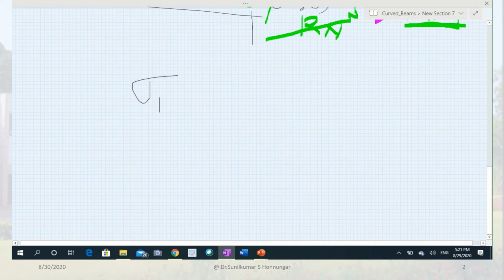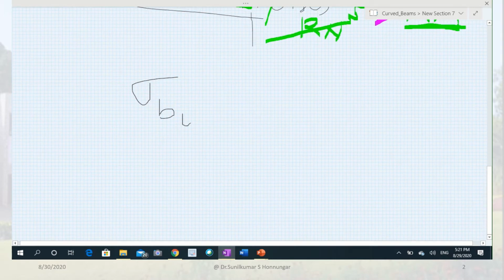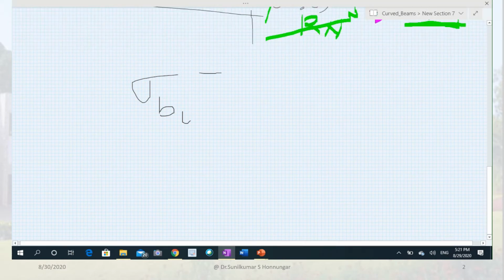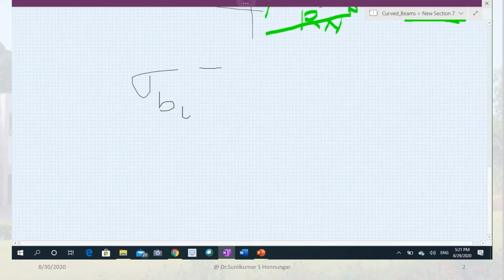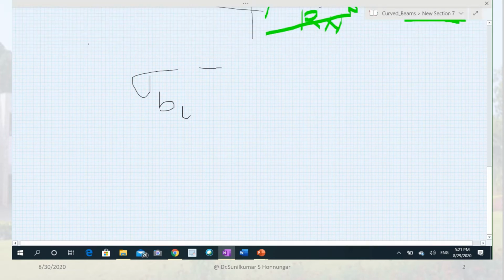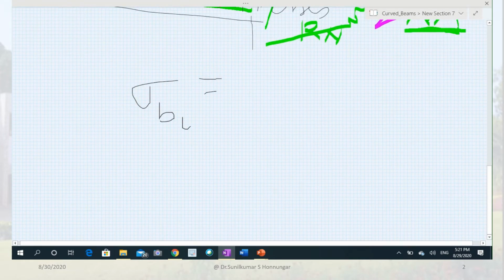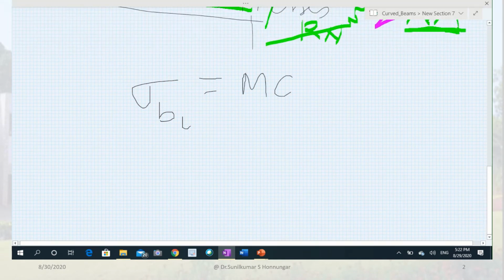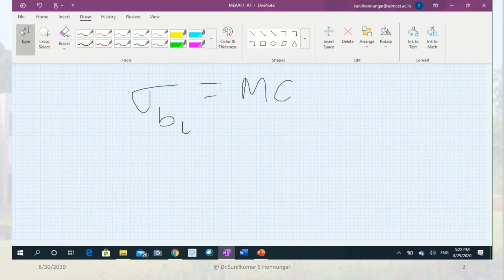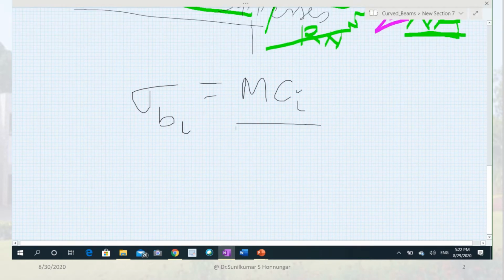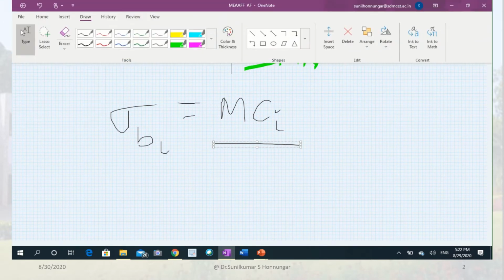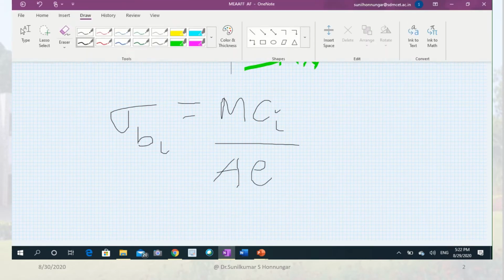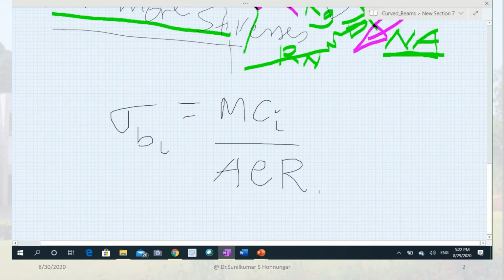We call it sigma bending at the inner fiber, sigma bi, equal to M Ci divided by A e Ri.